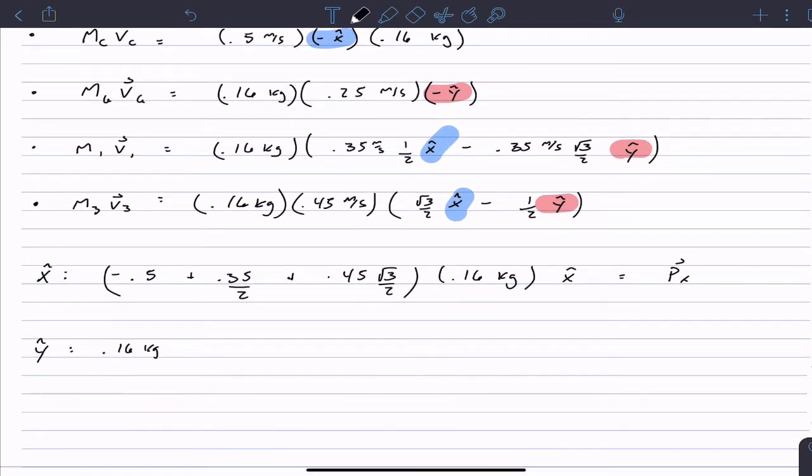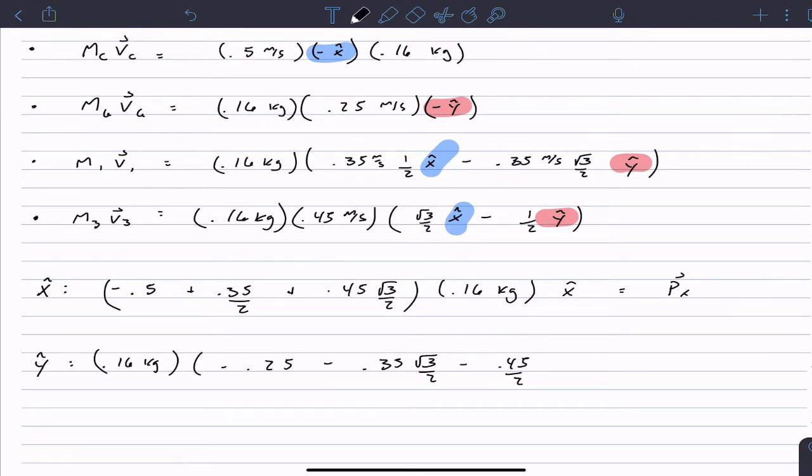0.16 kilograms times negative 0.25. Minus 0.35 times square root of 3 over 2. Minus 1/2 times 0.45 over half. Hang on.